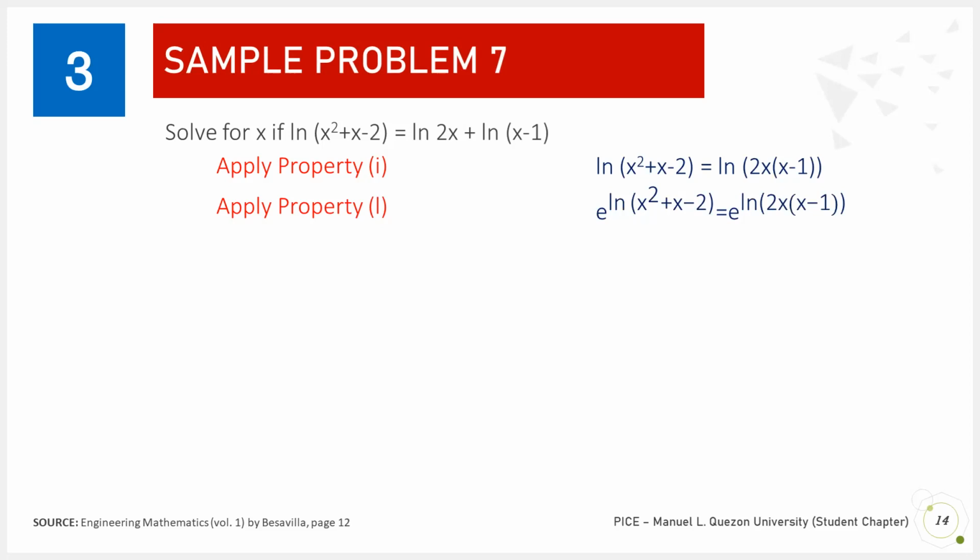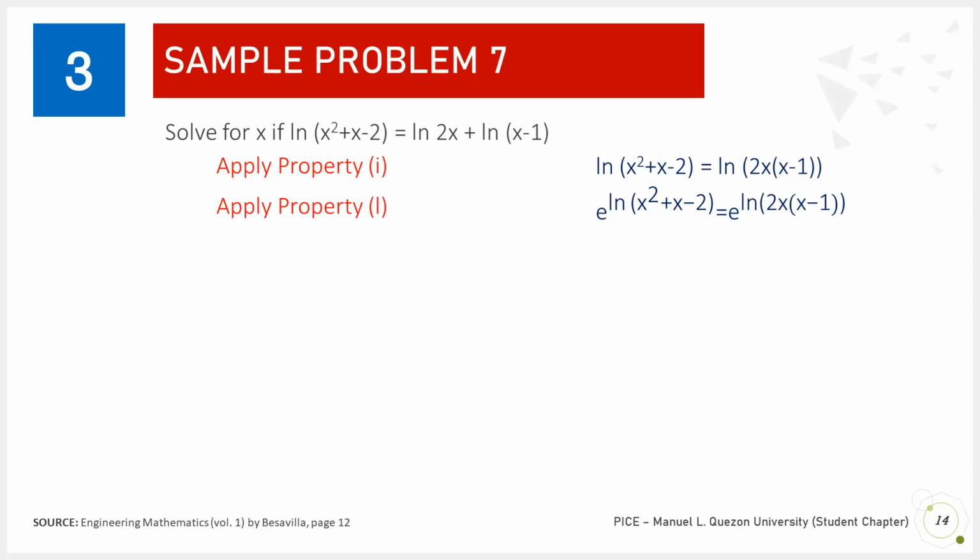involves Euler's number. So kung maalala natin yung property L, ang sinasabi niya, kapag ang base mo is Euler's number at ang exponent mo is a logarithmic expression, natural logarithm in particular, pwede nating makuha yung argument sa loob ng natural logarithm.